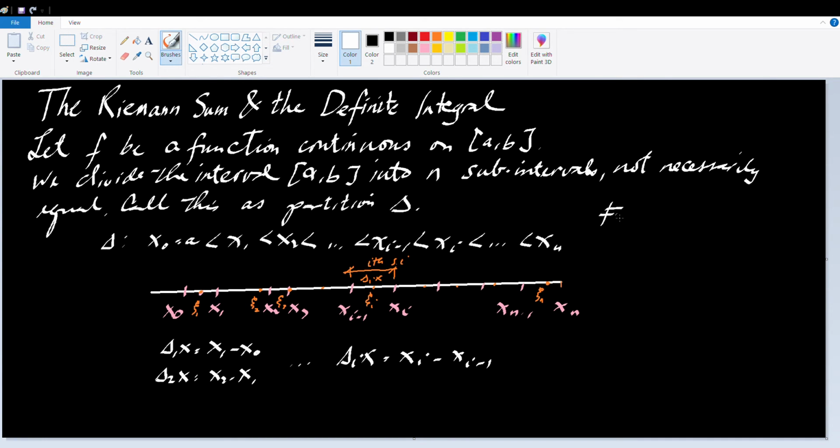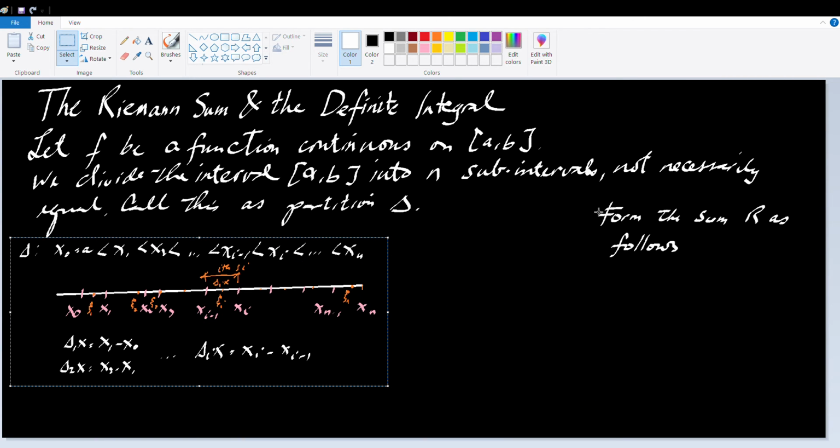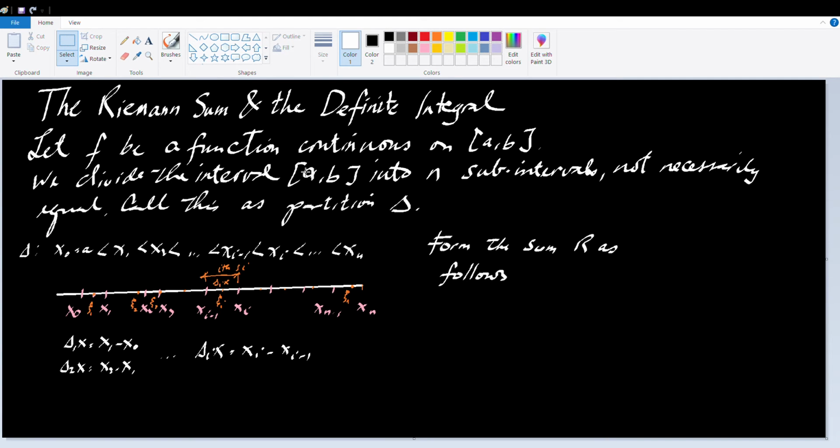We form the sum R as follows. So R is equal to f of c sub 1 delta sub 1x plus f of c sub 2 delta sub 2x plus, and so on and so forth, f of c sub n delta sub nx.